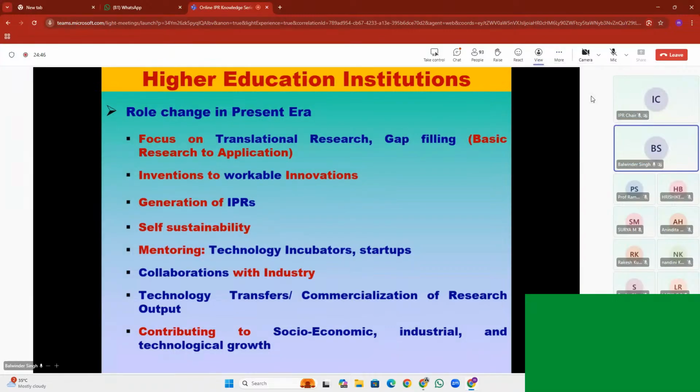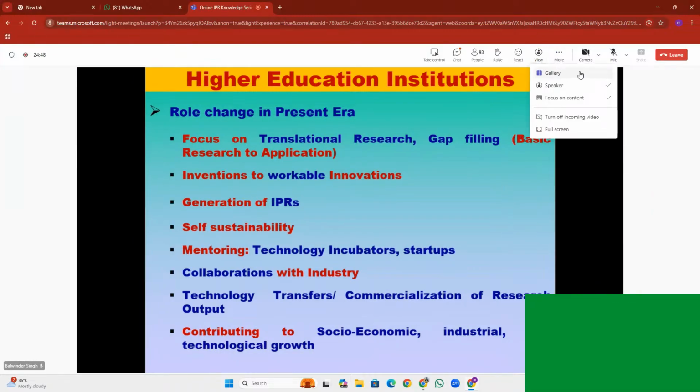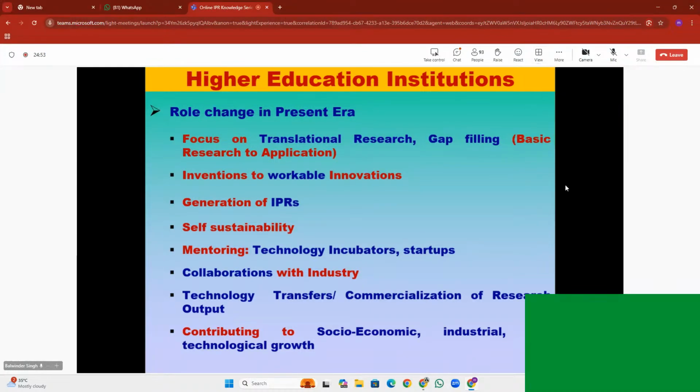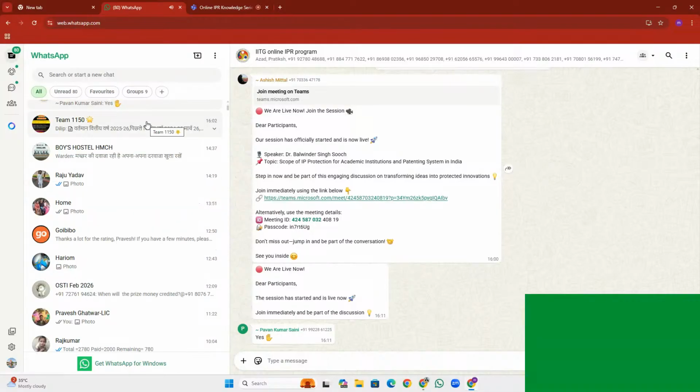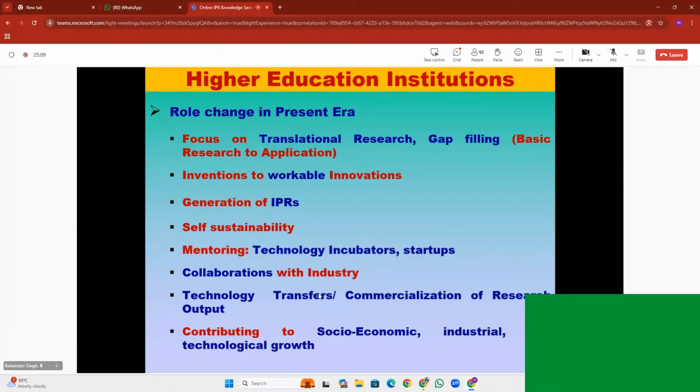With this, the concept of IPRs came into the picture, along with how to own these IPRs, because every institution is now working towards self-sustainability. Even government grants and support to higher education are shrinking, so every institution is working to earn something and generate resources in the form of IPRs, innovations, and technology transfers.